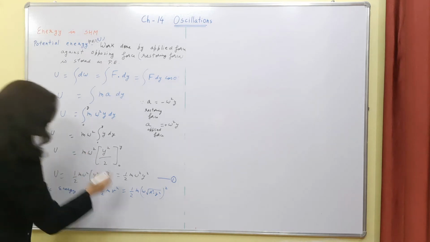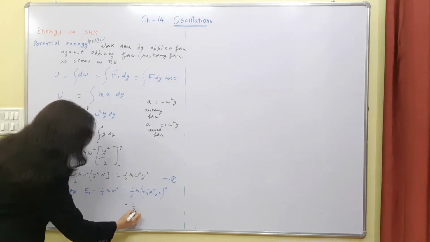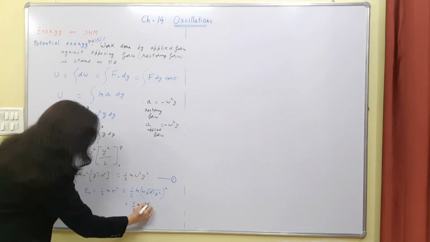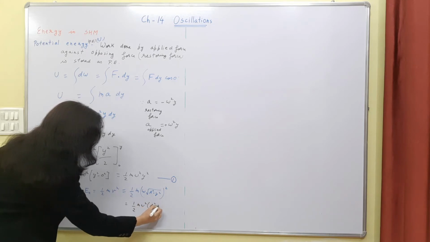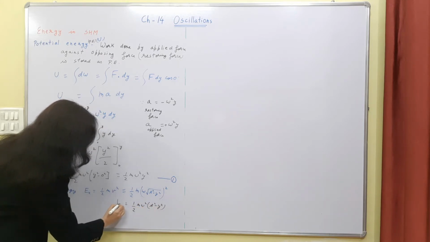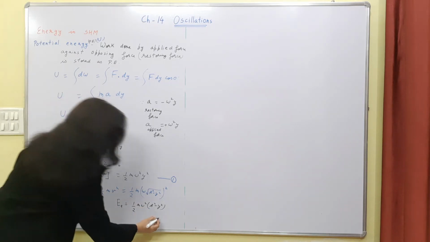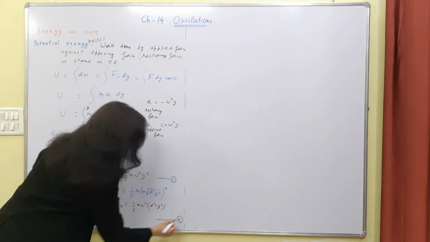So what will I get? I will get half m omega square into a square minus y square. So this is kinetic energy. Let's mark this as equation 2, right?